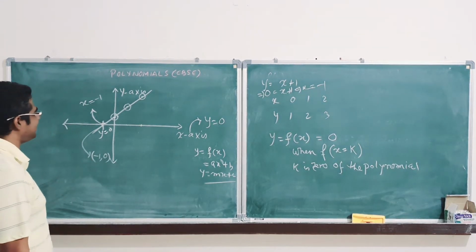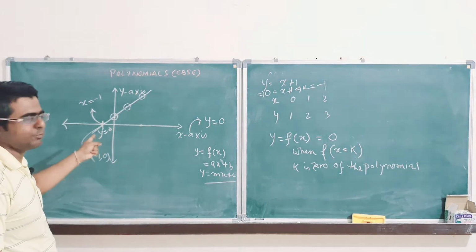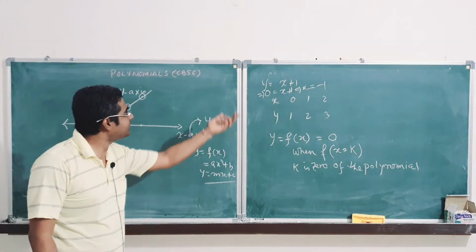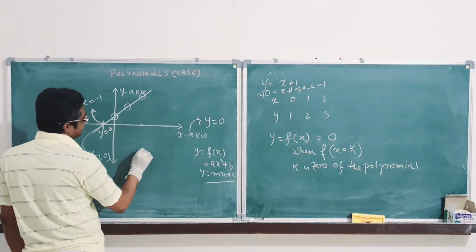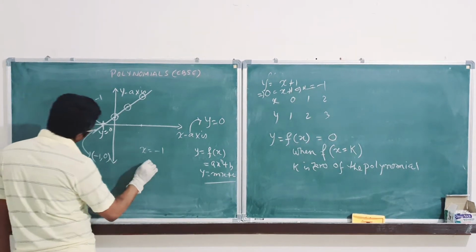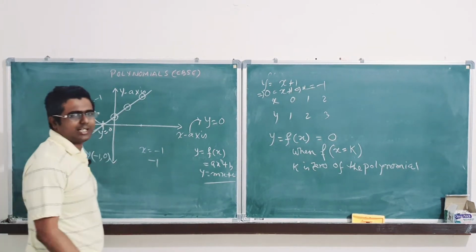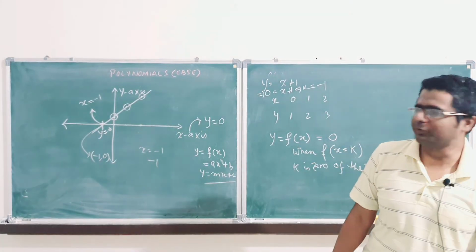So what is the root of this equation? If somebody asks what is the root of the equation x plus 1, then the root of this equation is x equal to minus 1. What is the zero of this equation? Minus 1. The zero of the polynomial is also minus 1 and the root of the equation is also minus 1.